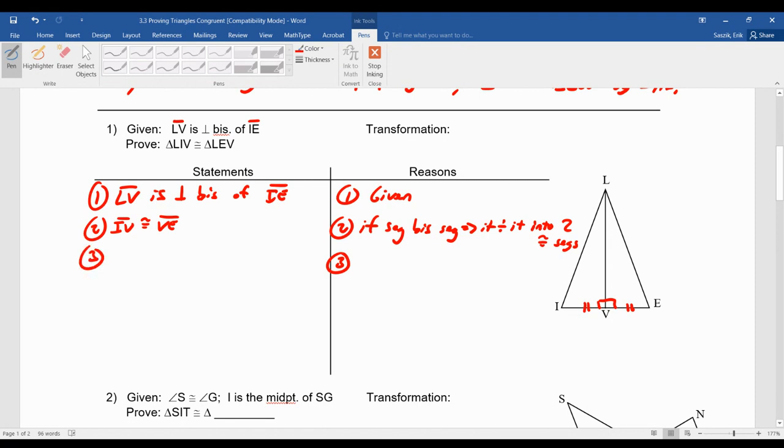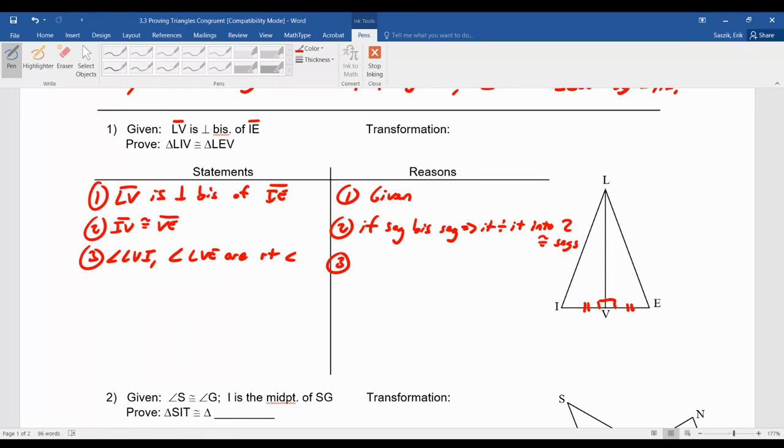So we haven't caught up to our tick marks yet. We took care of the segments. Now we have to take care of those angles. Now, it's very tempting to say that these angles are congruent, but we first have to say that angle LVI and angle LVE are right angles, okay? How do we know they're right angles? Again, look at your reason sheet. Normally, I always give it to my students on a gold piece of paper, and I call it the gold sheet.